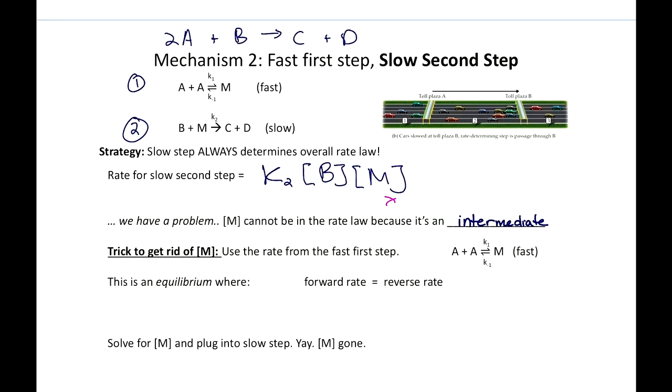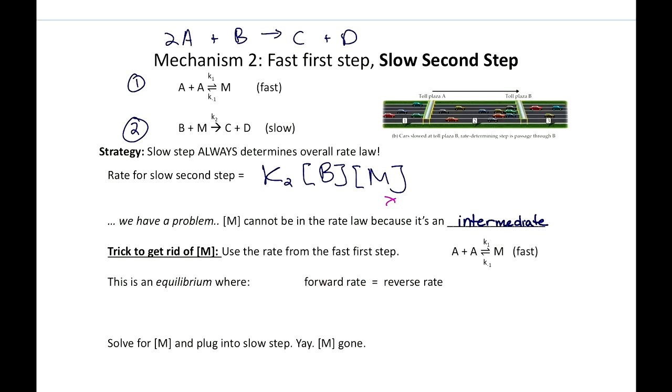Bi, yes. In the forward direction, 2 A's are coming together, so it's bimolecular. But what about the reverse reaction? Is it also bimolecular? No, it's unimolecular. So we just need to write the rate law for the forward reaction, write the rate law for the backward reaction, and set them equal to one another.